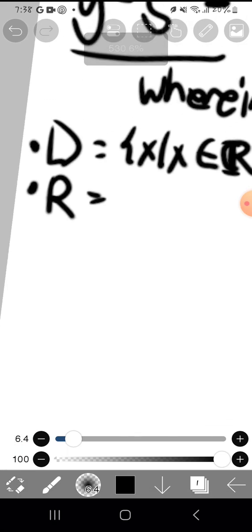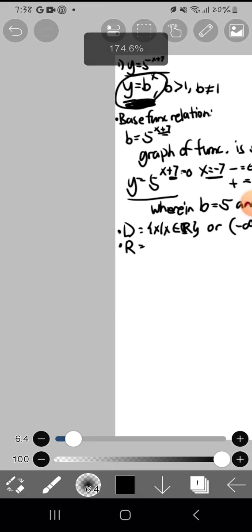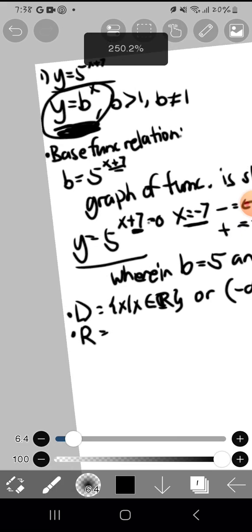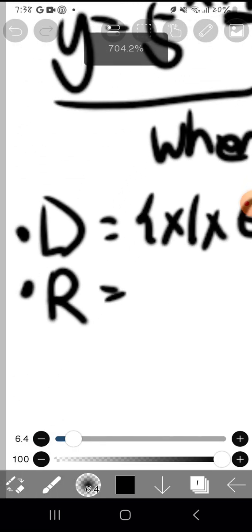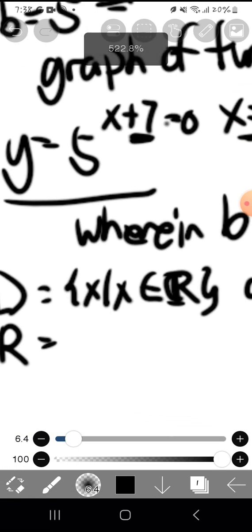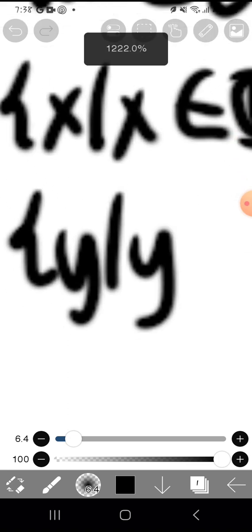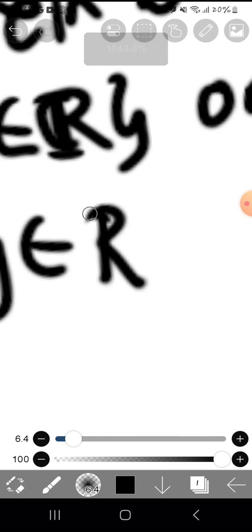Pag range naman, or all values of y, ang ating range dito, wait lang. Ang range ng exponential functions number 1 is basically the set of all real numbers.